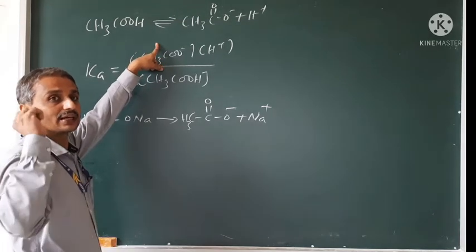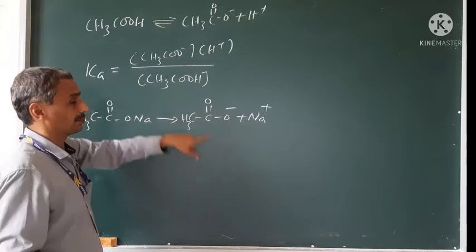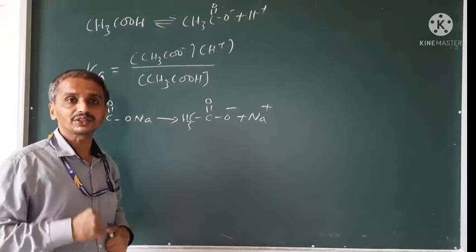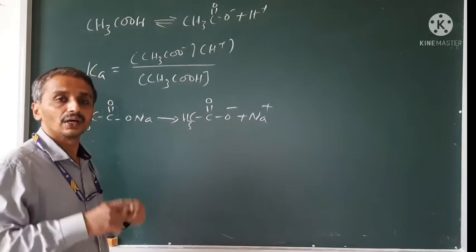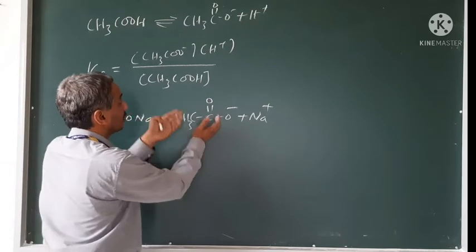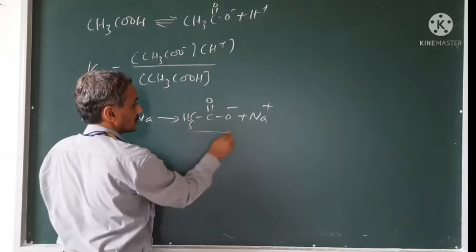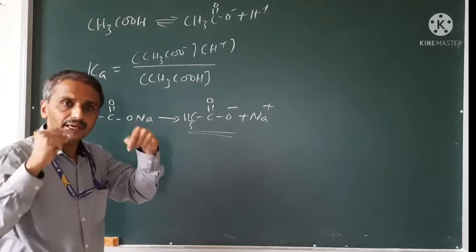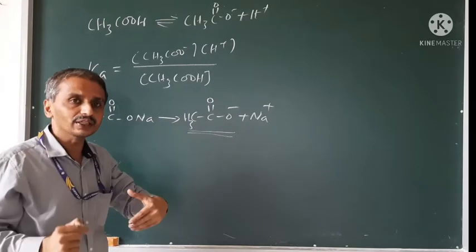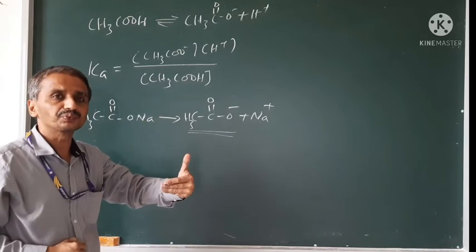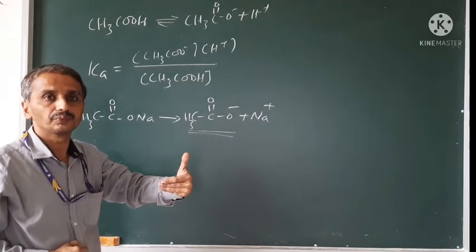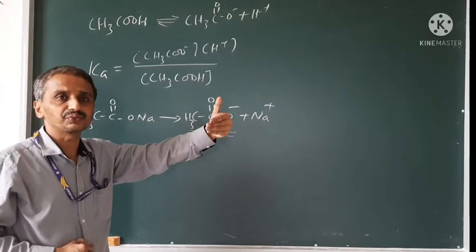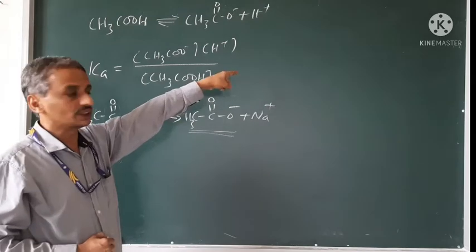Means I am applying a constraint to the equilibrium now. What is the constraint? I am increasing the acetate ion, means I am putting a constraint in the form of addition or increase of product concentration.